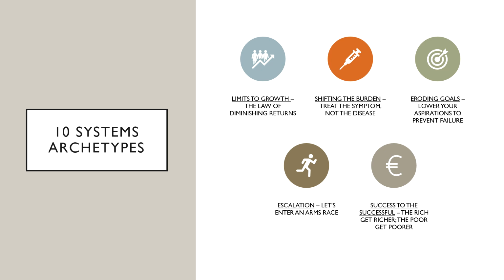William Braun outlines 10 systems archetypes in his paper that we will discuss through the remainder of this episode. The first 5 are limits to growth, shifting the burden, eroding goals, escalation, and success to the successful.